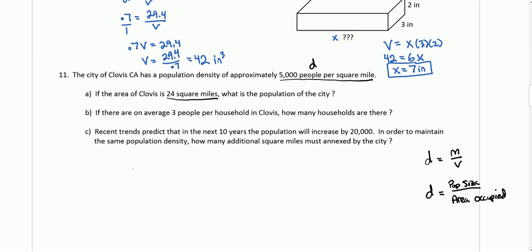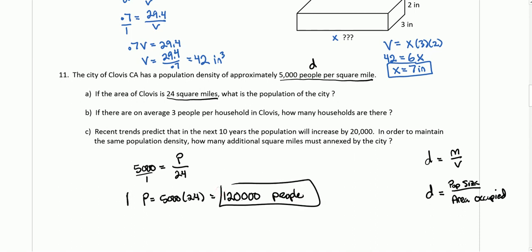So we could say our density, 5,000, is our population size divided by 24, which is the area in which it occupies. We can cross multiply and get our population is 5,000 times 24, which is 120,000, and our units are people.